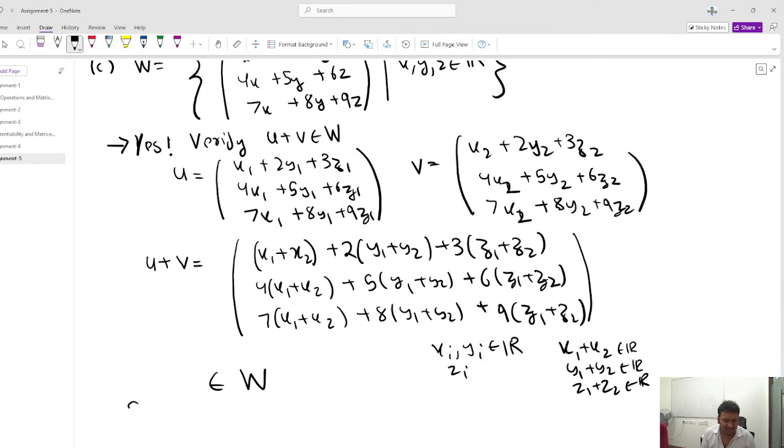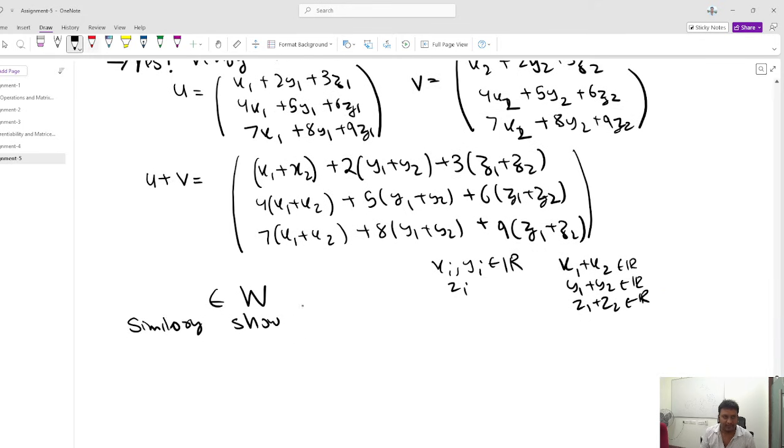Similarly, show that alpha times u is in W for every alpha in R and for every u in W. So this we have chosen, u and v, some arbitrary points, right?